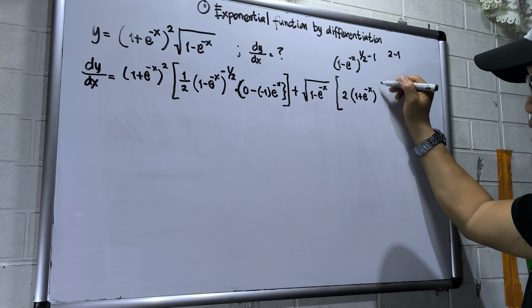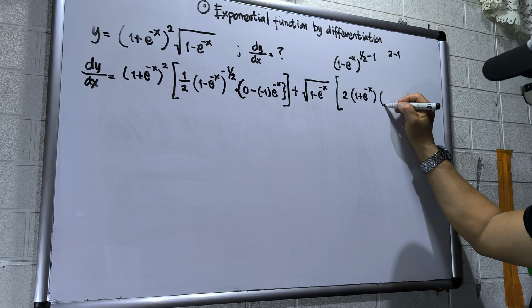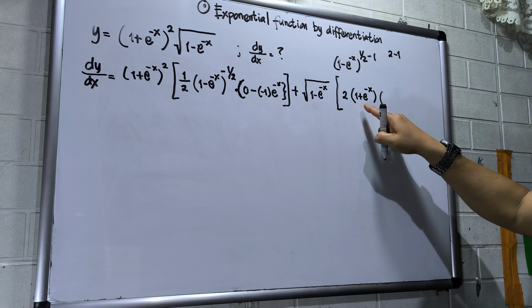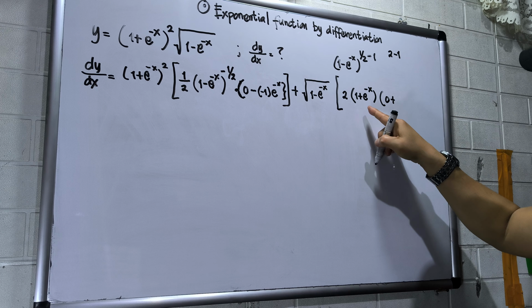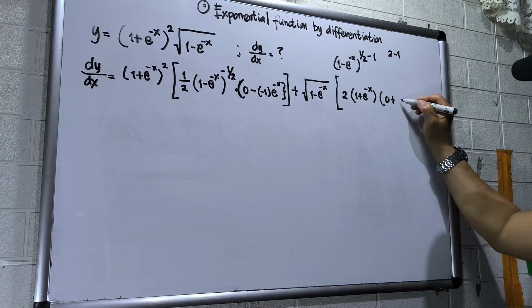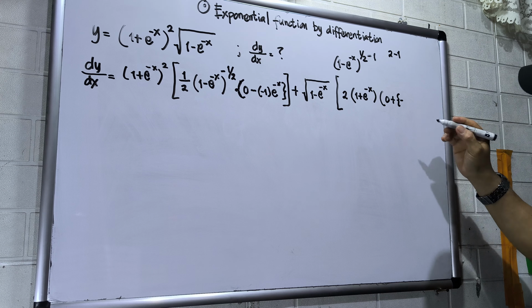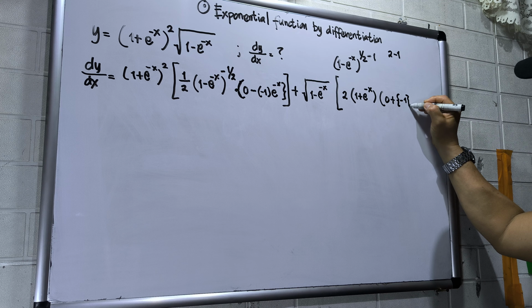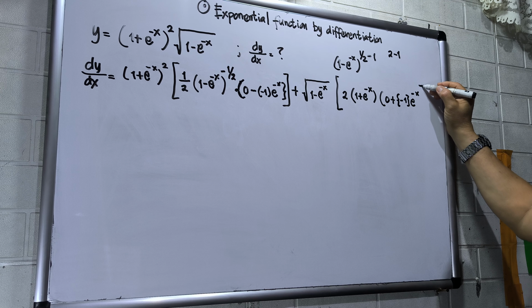So this will be 1, an understood, invisible 1. And then the derivative inside the circle brackets: derivative of 1 will be 0, plus the derivative of negative x, that will be negative 1, then times e raised to the negative x.